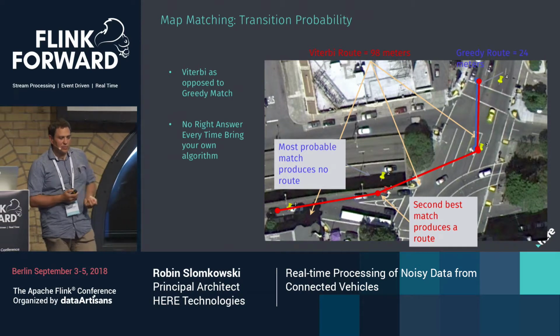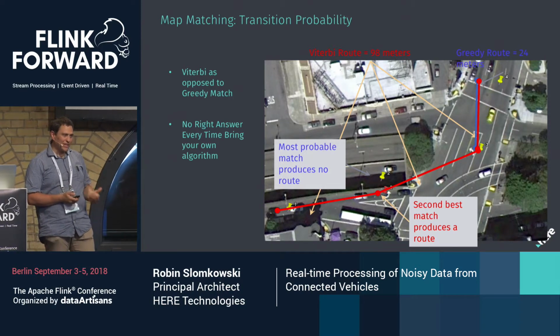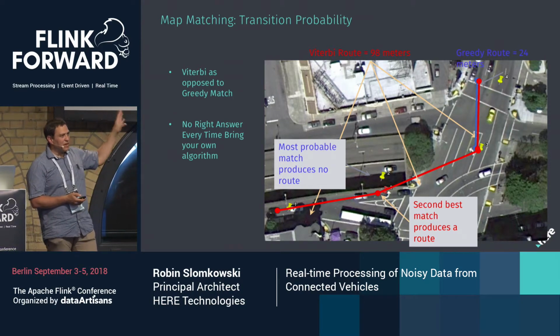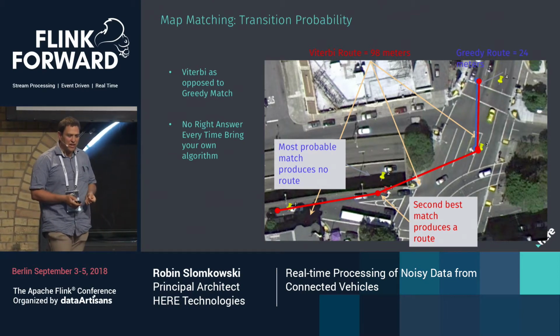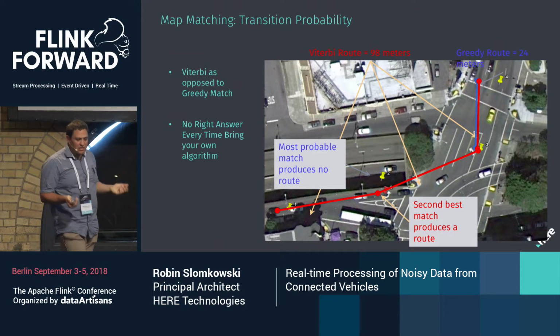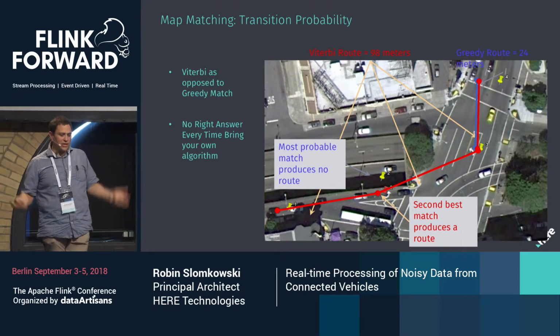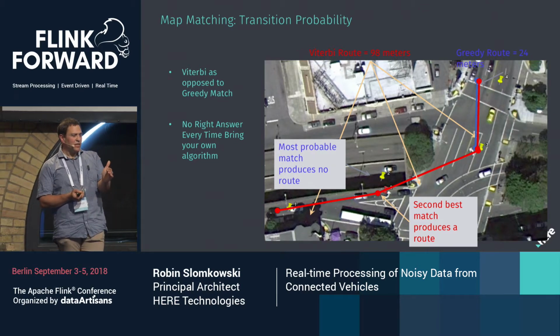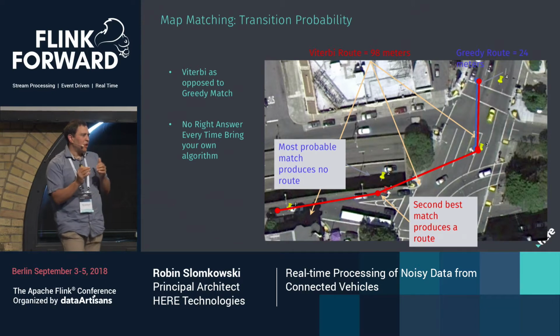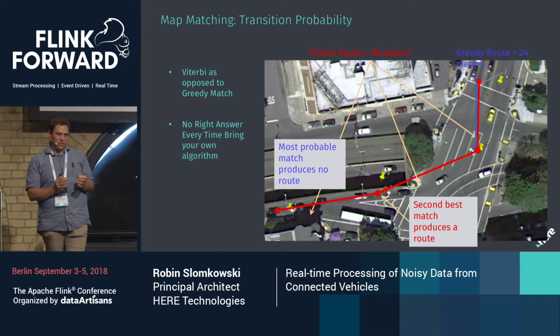And I can only really make that work in streaming quickly if I optimize that infrastructure of getting access to those data structures as fast as possible. And as I said, there still is no right answer, which is why we have to let people bring in their own algorithms and figure that out. And that's where I come back to our infrastructure story, which is we made accessing that raw data about the geometries as fast as we possibly could.